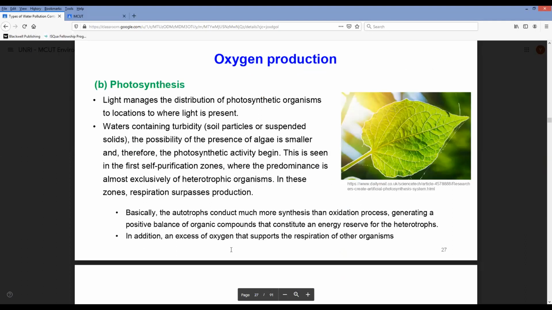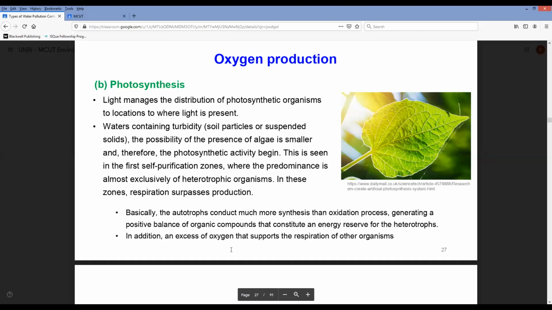And then the light manages the distribution of photosynthetic organisms, locating them to where light is present. When the water contains turbidity, which means there are so many suspended solids in the water, the light is not able to penetrate. So some algae in the water are not able to carry out the synthesis process.